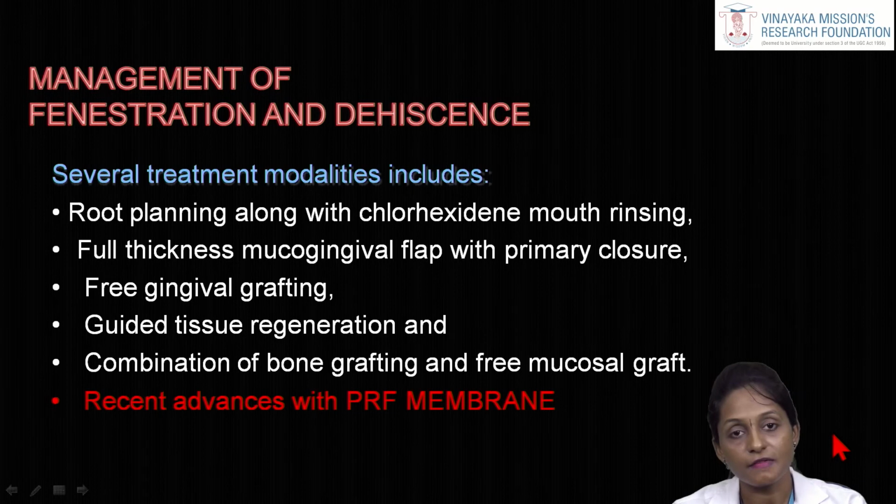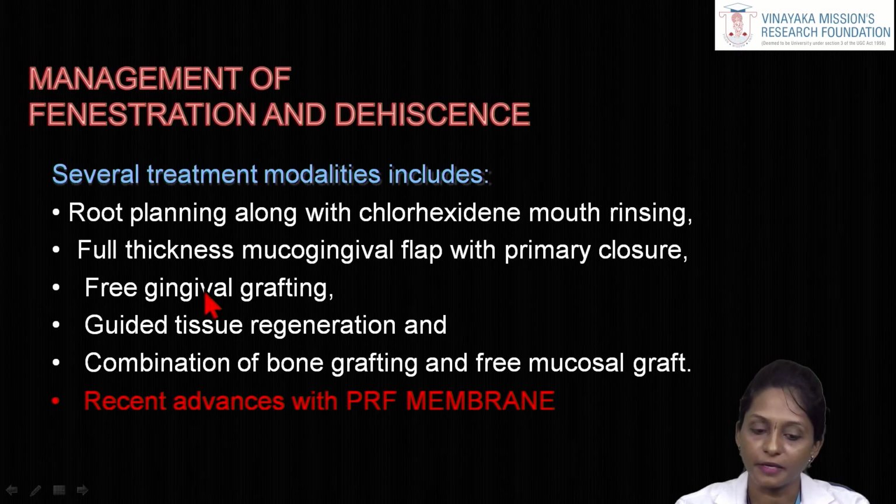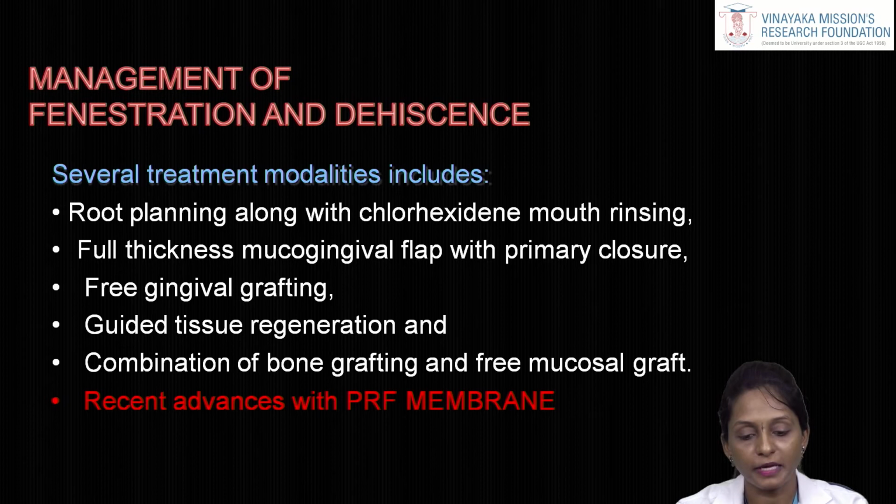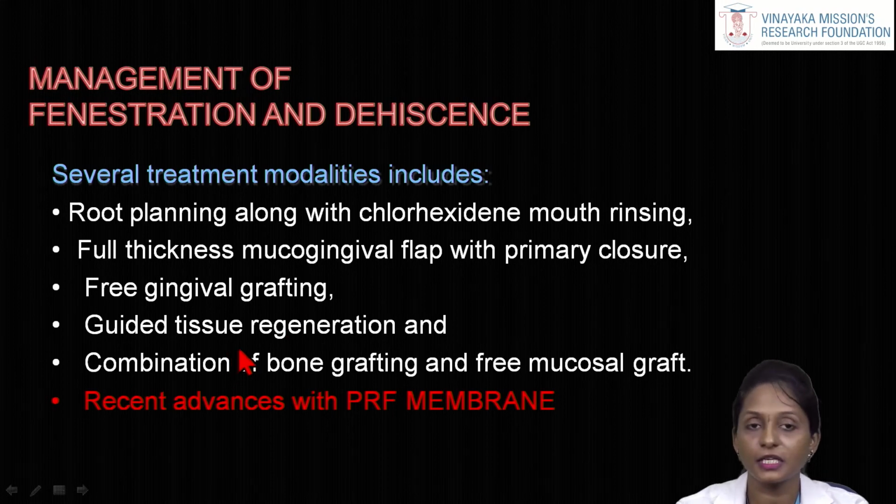There are several treatment modalities available for this. Let us see them one by one. You can convince the patient for root planing along with chlorhexidine mouthwashes, and then you can go for a full thickness mucogingival flap surgery with a primary closure, and you can give a free gingival graft over there. Then comes your GTR, guided tissue regeneration.